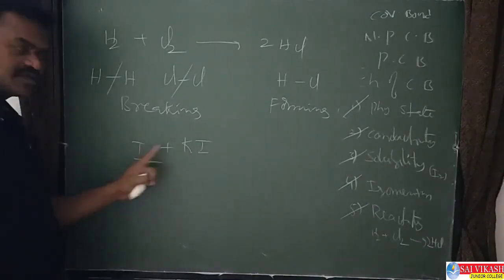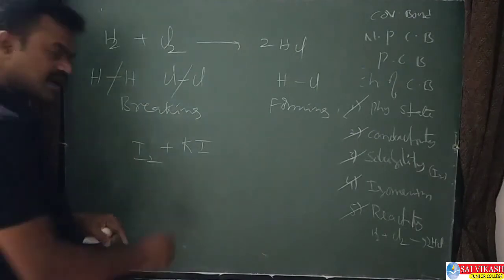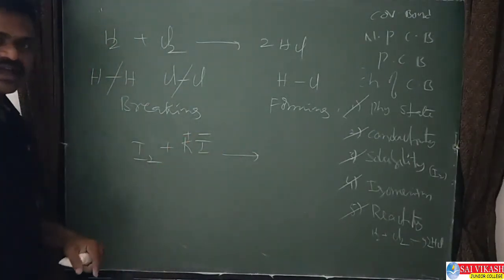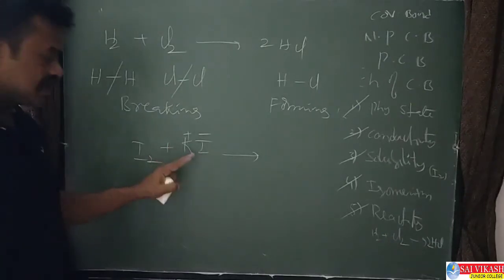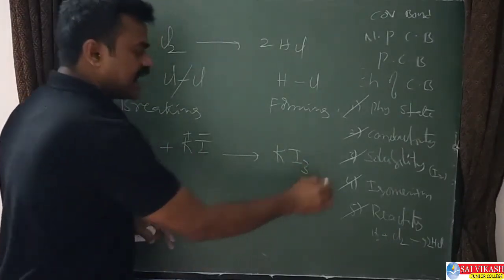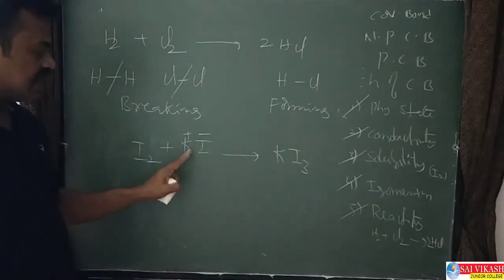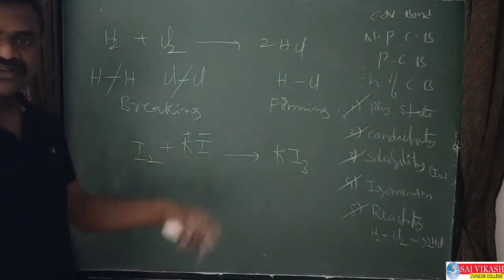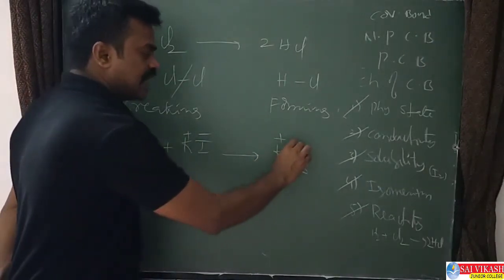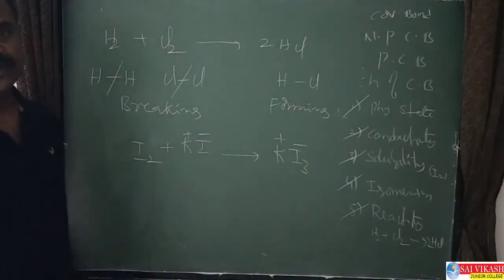Because here the K is K plus and I minus, an ionic compound. When it combines with I2, KI3 is formed. KI becomes KI3. In this case also, K shows plus 1, I3 shows minus 1.